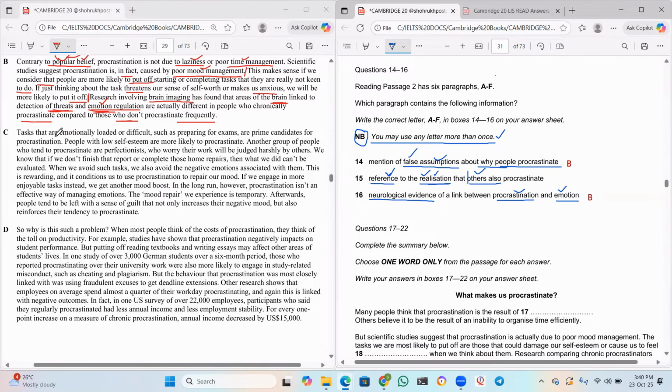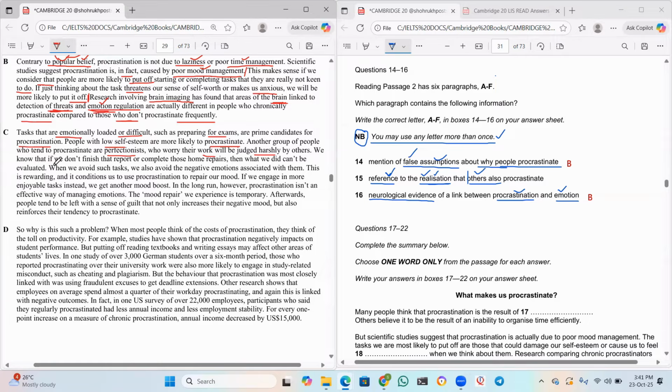Now, tasks that are emotionally loaded or difficult, such as preparing for exams, are prime candidates for procrastination. People with low self esteem are more likely to procrastinate. Another group of people who tend to procrastinate are perfectionists, who worry their work will be judged harshly by others.